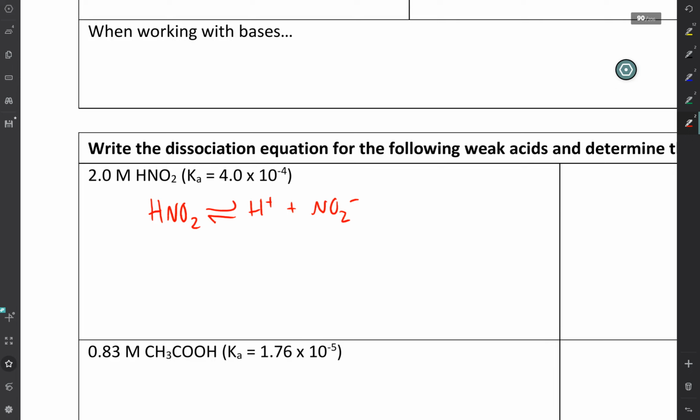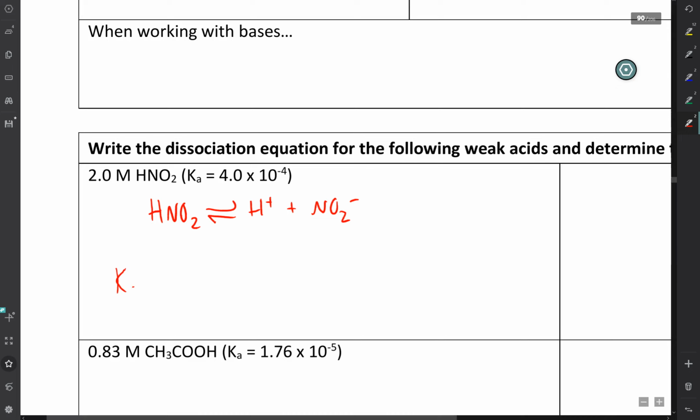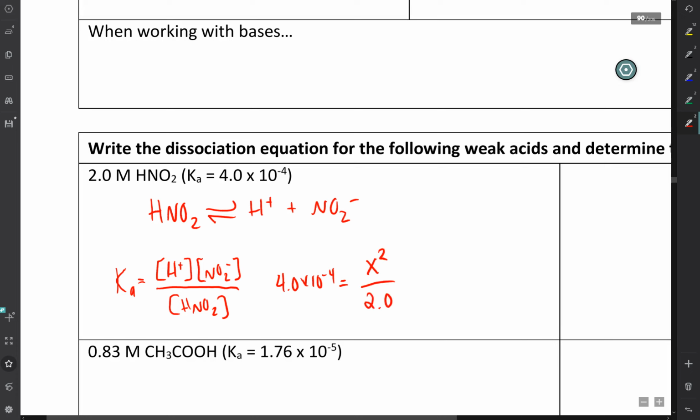You can go through and set up a RICE table, but at this point in time in chemistry, we know that everything is going to follow the general format of Ka is equal to the concentration of the products over the concentration of the reactants. And we're always going to end up with Ka, in this case 4.0 times 10 to the negative 4th, is equal to x squared over just the concentration of the acid.